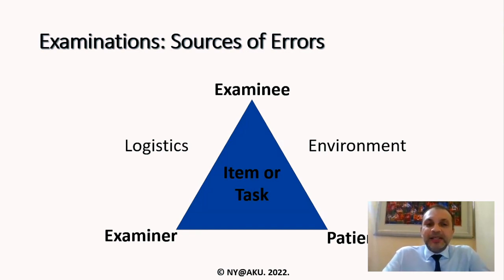If the question itself is misunderstood, it will lead to an error because the candidate, the student, will not be able to respond appropriately, even if he or she is capable enough to solve that question, but may not be able to during the exam because the task or the question was not clear to him or her.